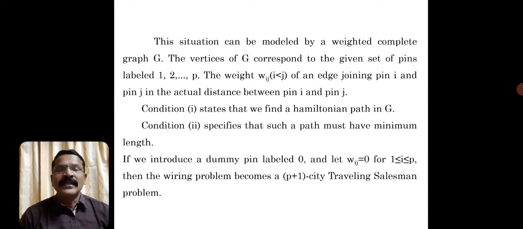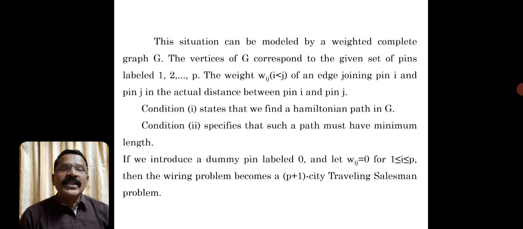Here also you start with one pin and end with another pin, but all pins must be considered in this path. Every vertex is considered once, which implies every pin must be considered once. And condition 2 specifies that such a path must have minimum length. Of course, there are different paths, but the path must have minimum length.